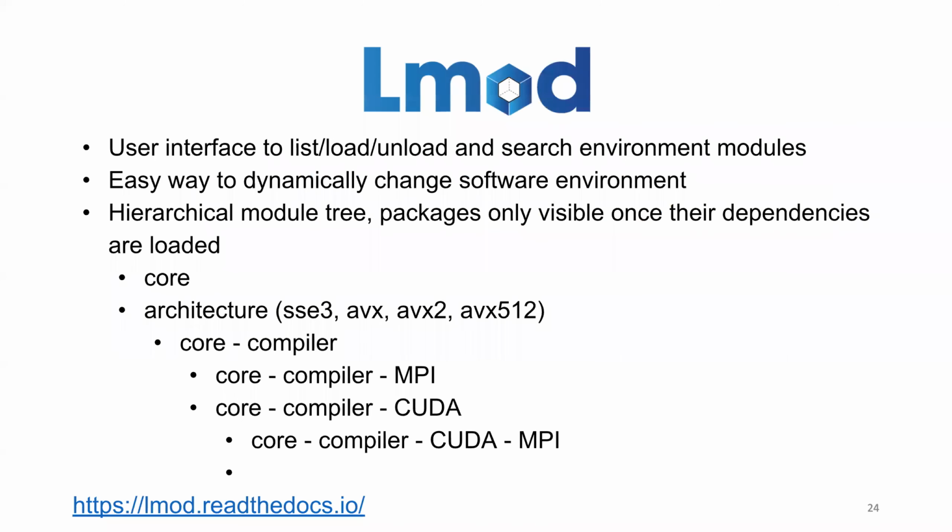So for the user interface, as I said, we use Lmod with a hierarchy. We first have quite a large number of packages that are built at what we call the core level.